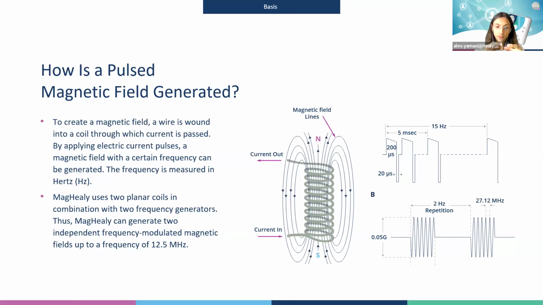On the very outer part of the MagHealy, there are two coils that are wound to create this magnetic field, or in our case, two magnetic fields in parallel. But I will tell you more about this in the McMakin scientific basics. And as we already measure frequency in hertz, I already said that we have up to 12.5 megahertz, and with our two coils, those are two independent frequency-modulated magnetic fields.